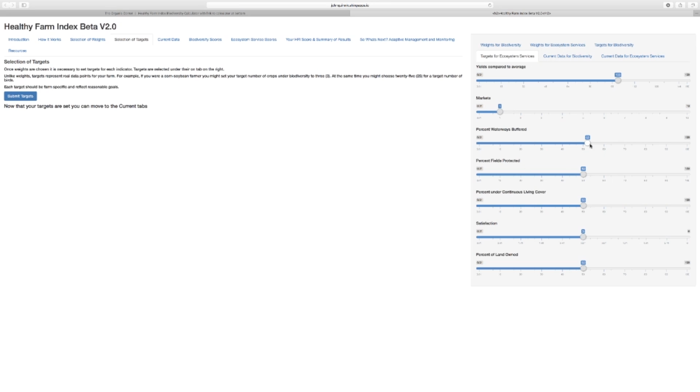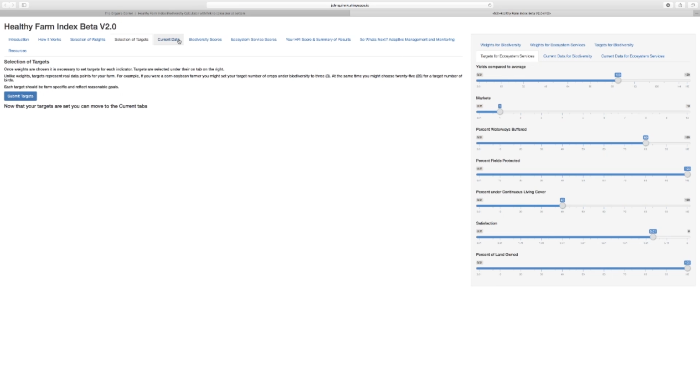You want to see 80% of your waterways buffered. You want all of your fields to be protected. 40% under continuous living cover. You want to be more satisfied with your farm, and you'd like to own 100%. You can submit your targets.